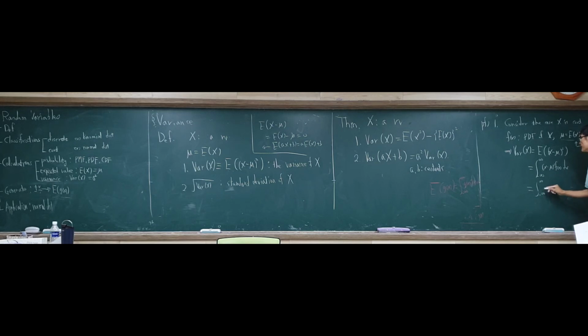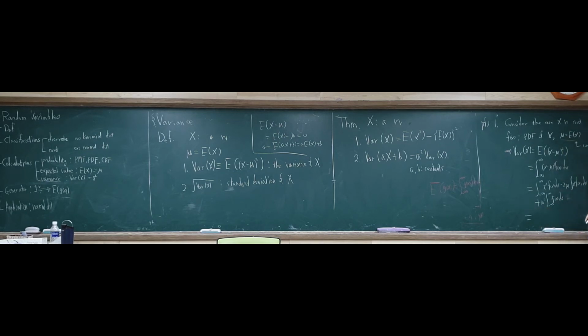This is equal to, here x is the only variable, so this is equal to the integral of x squared f(x) dx minus twice mu times the integral of x f(x) dx plus mu squared multiplied by the integration of f, like this one.